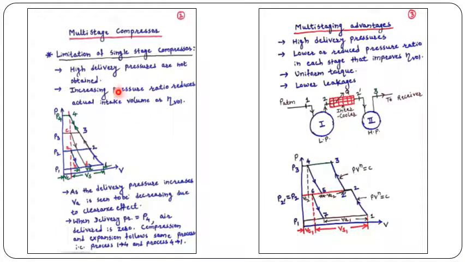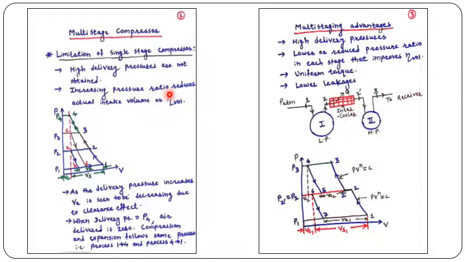So, let me firstly tell you about some of the limitations of a single stage compressor. One thing is you cannot obtain high delivery pressures because we are restricting ourselves to a single stage.